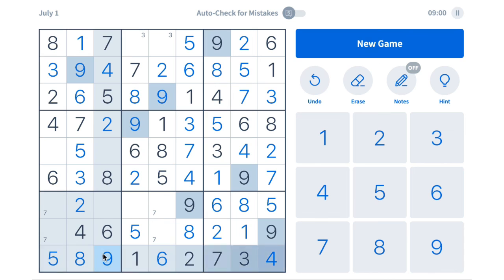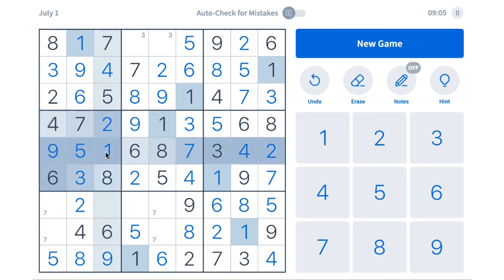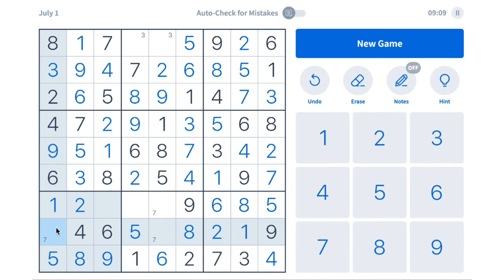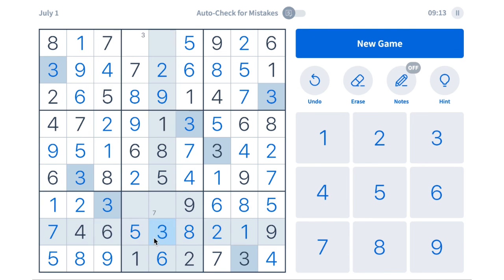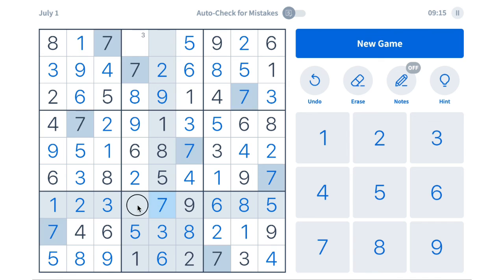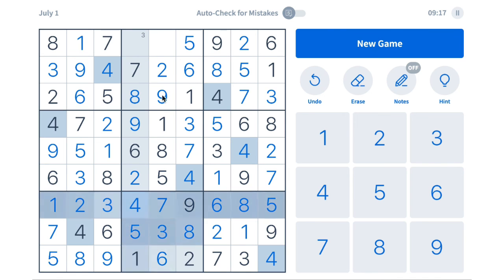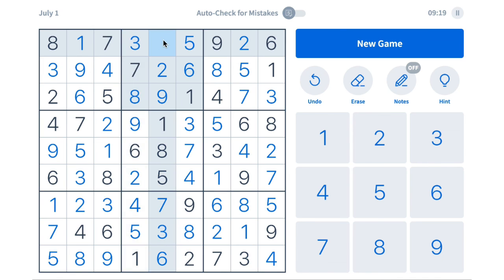Because this is a 9, that will help us a lot. Because I know this is a 1, 3, 3, 7, and the 4, 8, 3, and 4.